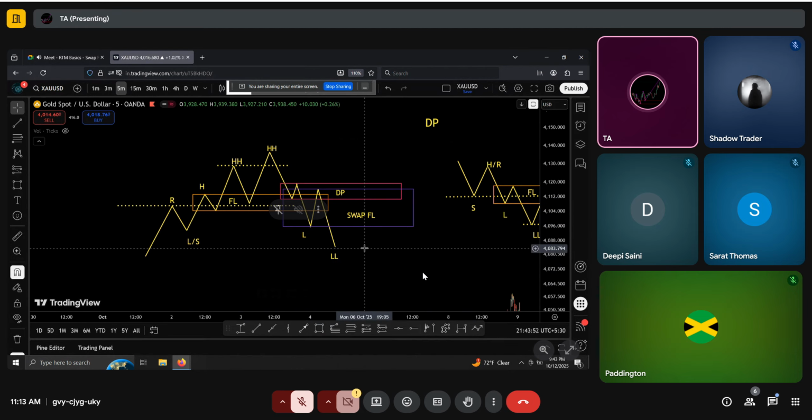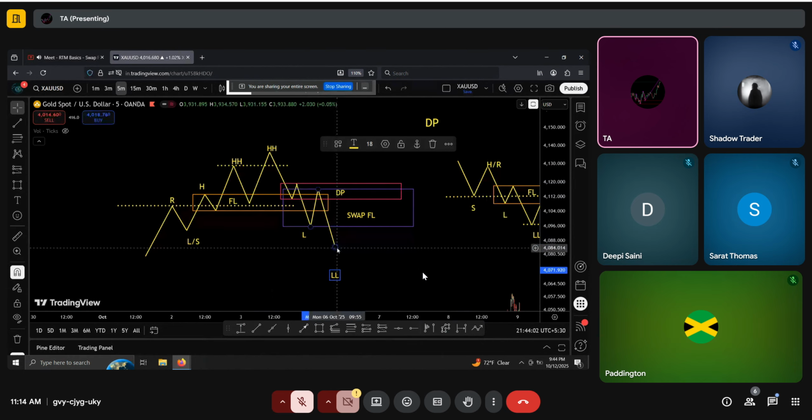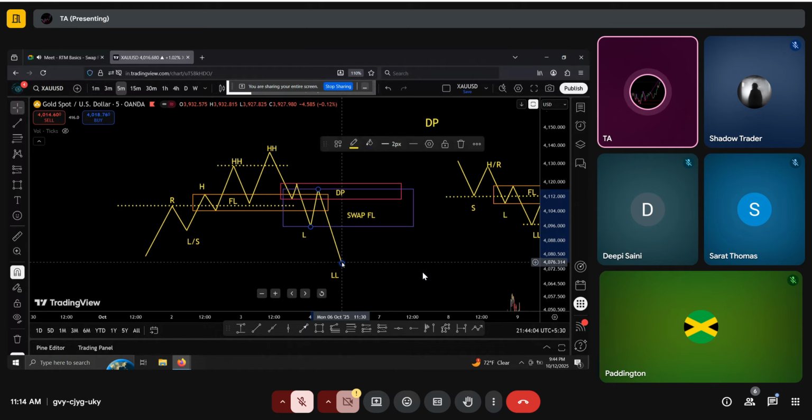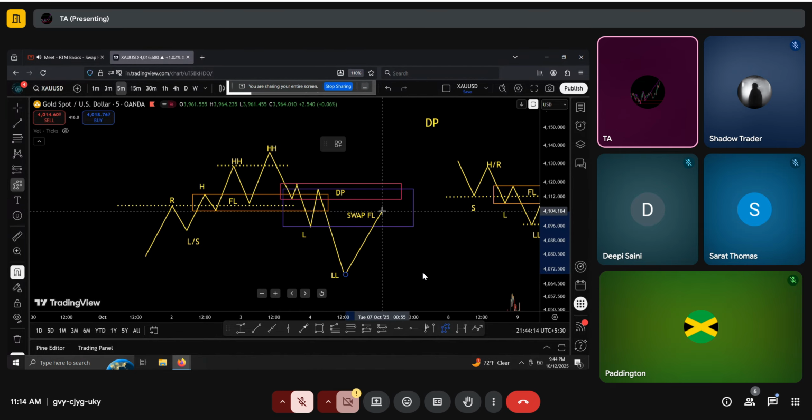When the price, after breaking this FL, goes back to the DP, this swap FL is also tradable. So imagine if price falls till here after going back to DP, came down. So this swap FL is created. And when the price goes back again to this swap FL, this swap FL can also be traded.